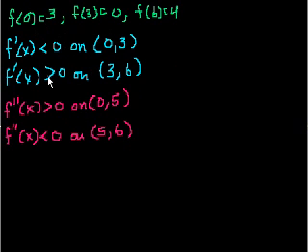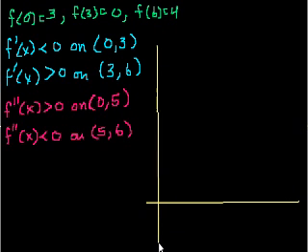So f of 0 is 3, so we have to graph the points 0, 3, then 3, 0, and 6, 4. It seems like all of the action is in the first quadrant, so I'll focus on the first quadrant. That's my x-axis. That's my y-axis. Let's see, I have to go to 6, 4.